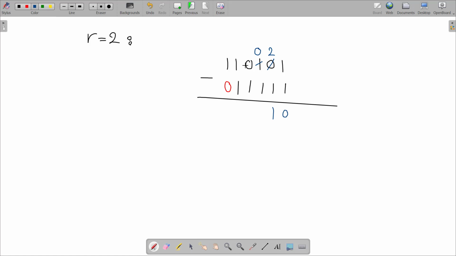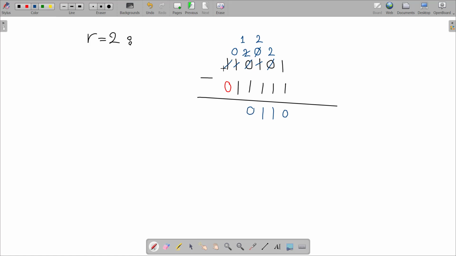This is 0, I cannot borrow from here. So I have to borrow from the next one. So this will get to 0. This will be equal to 2. Again, I have to borrow 1, 2 from this one to the next one. Now we'll get 1. Now this will be 2. 2 minus 1, 1. 1 minus 1, 0.